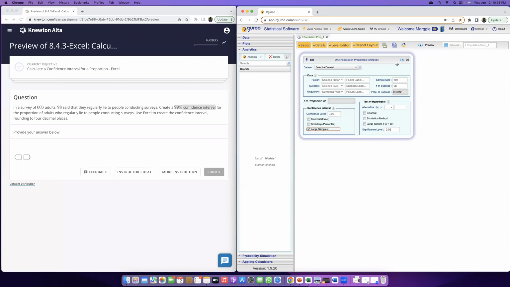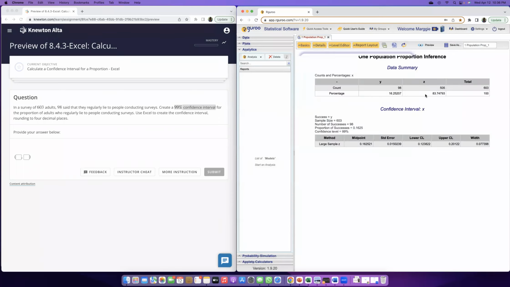Now if I click in here, this is not going to like it because I need to fill in all of my labels. So I'm going to go back and I will do X, Y, and Z just to put something in there so that it lets you go through. Because at the end, what we need is the lower for the confidence interval and the upper for the confidence interval.